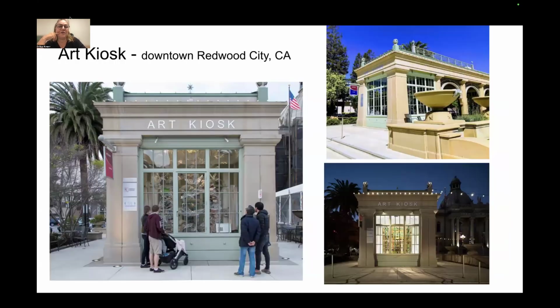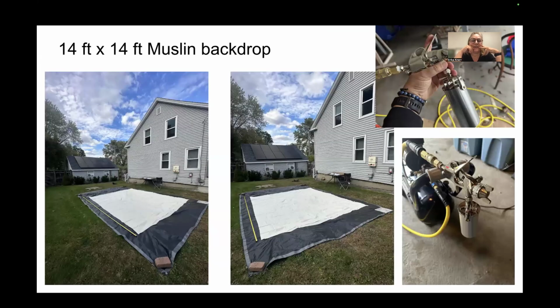And so this is the art kiosk space that I'm going to be doing the installation in. You can continue on to the next one. I recently moved into a new home in Florence, Massachusetts.